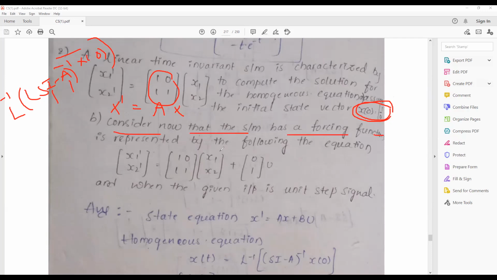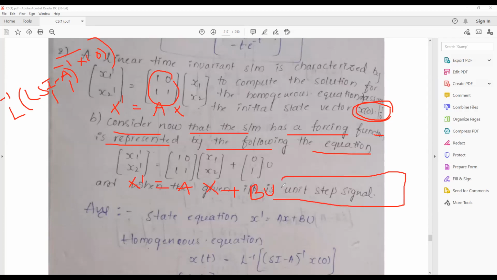For the second part, consider that the system has a forcing function, represented in the form x dash is equal to Ax plus Bu. When the given input is a unit step signal, u of s is 1 by s.